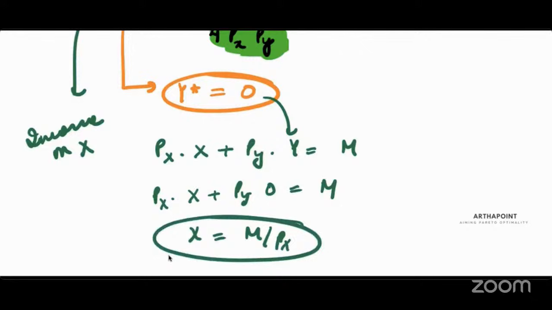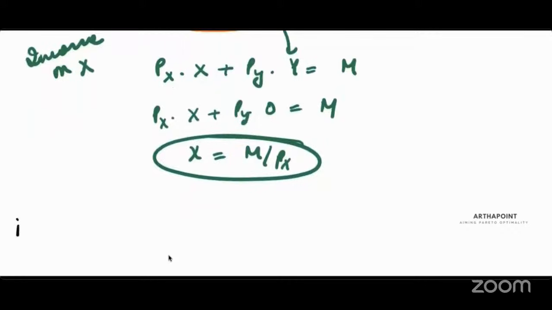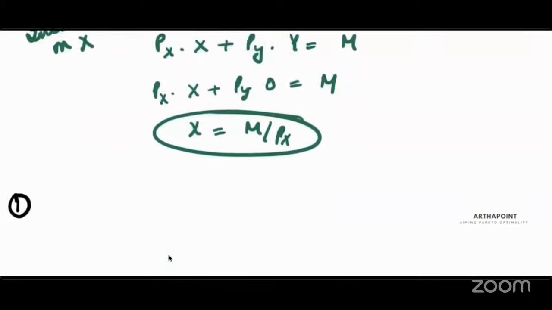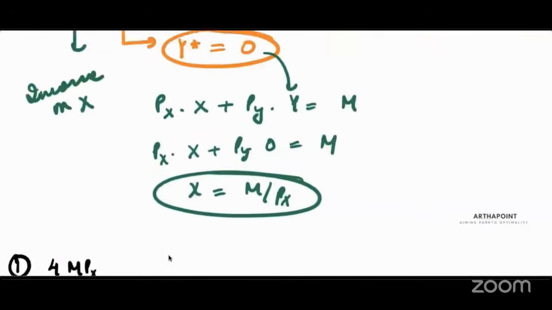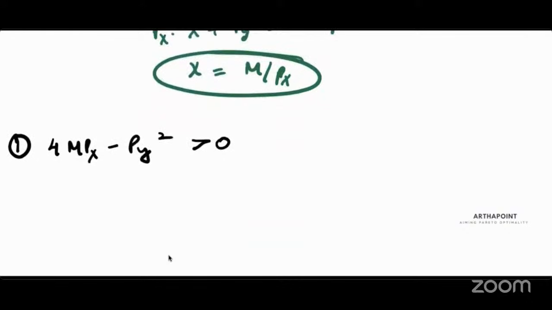So your quasi-linear function has two answers. Answer 1 exists when the numerator of this y is positive. So when 4m px minus py square is strictly positive, then in that case you will consume x star as py upon 2px whole square.